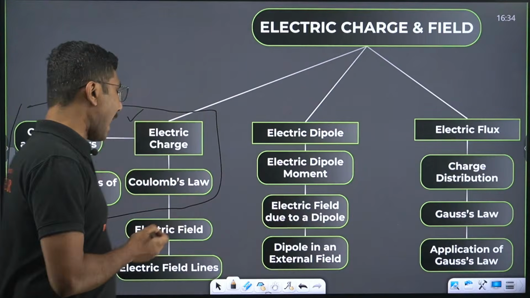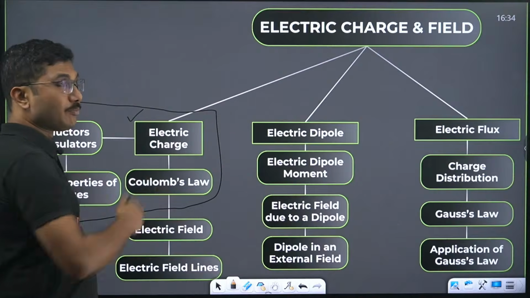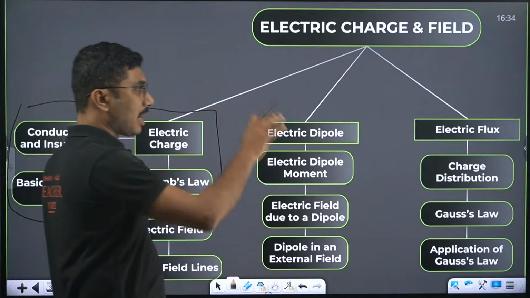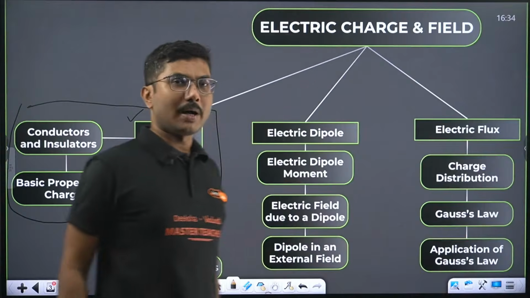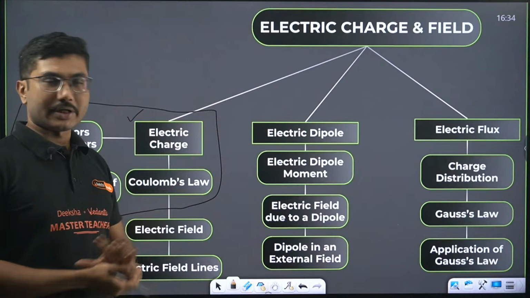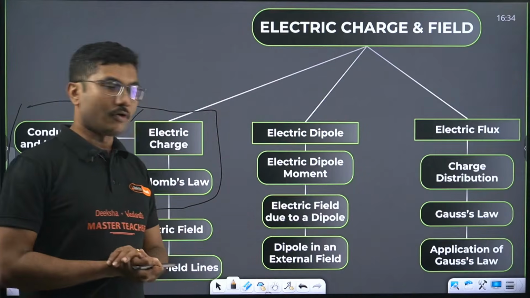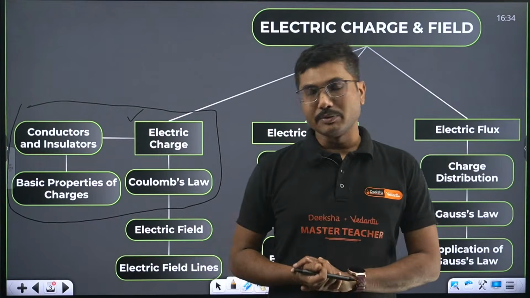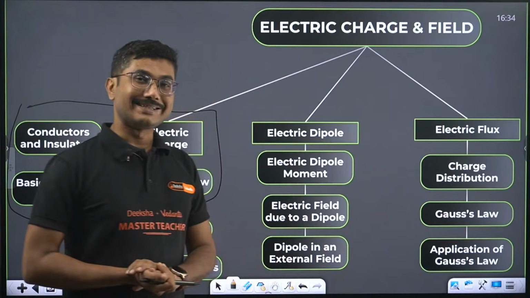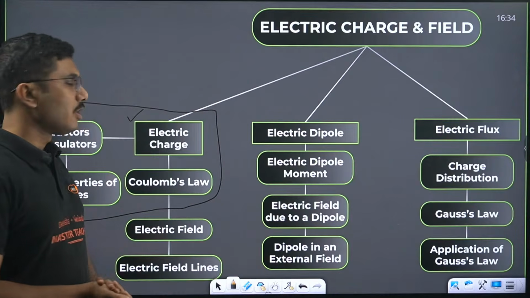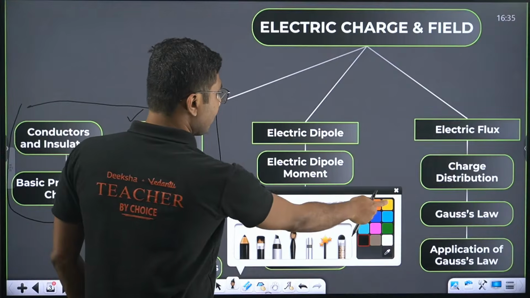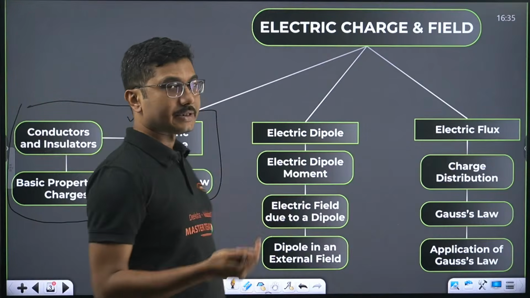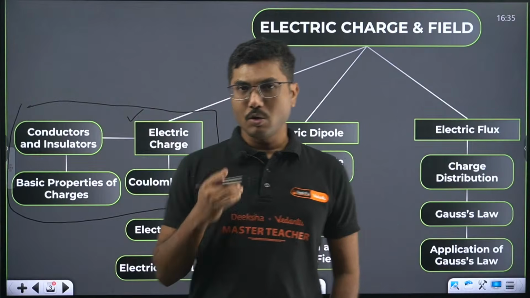Electric field and electric dipole will be discussed in part 2, and electric flux, Gauss's law, etc. will be discussed in part 3. This is the chapter structure. So 3 parts will be there for this chapter, and then we will also discuss KCET PYQs from this chapter. Those who are preparing for KCET, obviously you have to practice PYQs, so KCET PYQs will be discussed once all 3 parts are over.